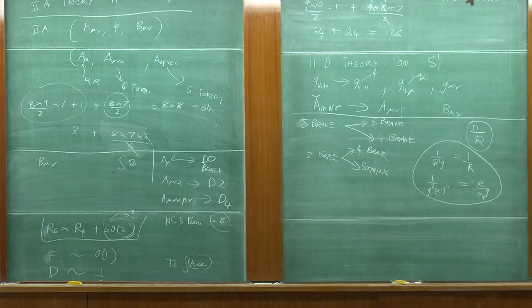You write down an effective action for the massless strings. The effective action in string theory is 1 over alpha prime to the 4 times 1 over G squared. You remember this, right? 1 over alpha prime to the 4 had to be by dimensions. 1 over G squared was because the metric comes from the NS sector. That's 1 over G squared that we see always. Whereas in M theory, in 11 dimensions, it was just 1 over MP to the 9.